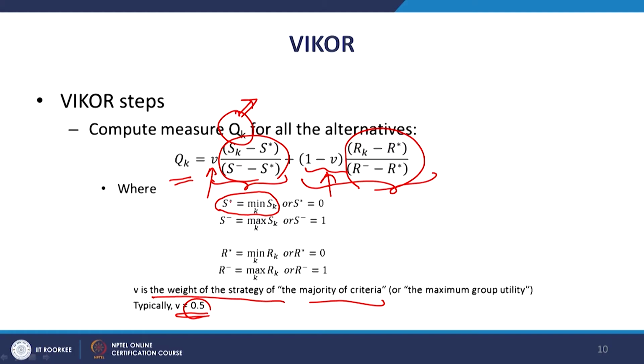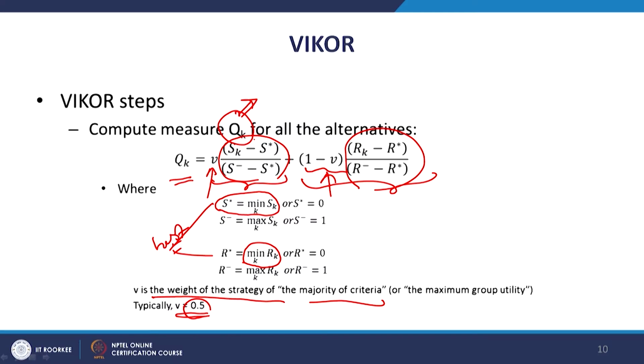When we talked about the solution previously, we talked about min k Sk and min k Rk, which represent the best solution. These values are to be plugged into this expression, and again we will get a score for Qk. Sk and Rk are boundary measures, to be used later for the metric that we use to produce the ranking, which is Qk. Here you can see Sk and Rk are being used.